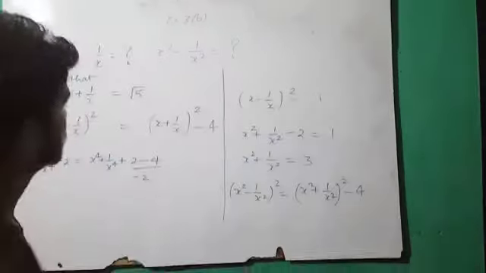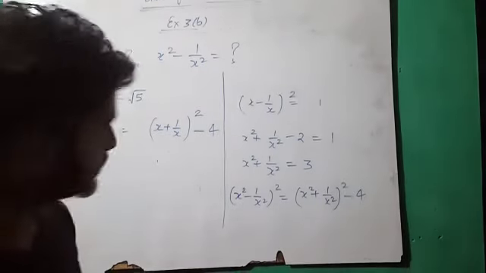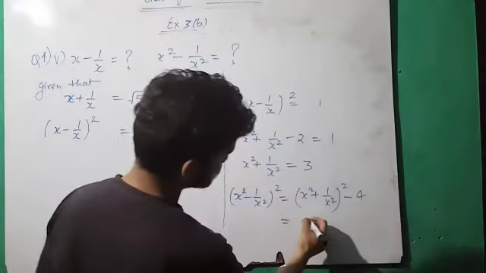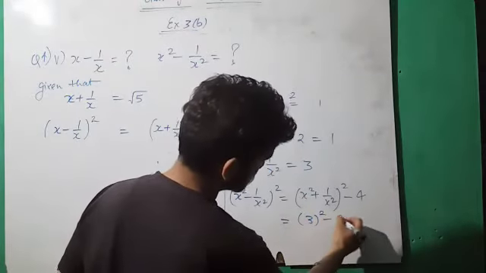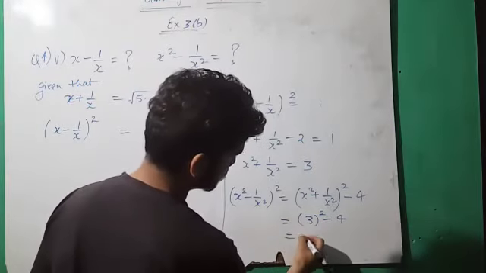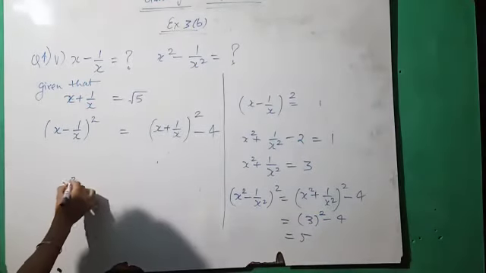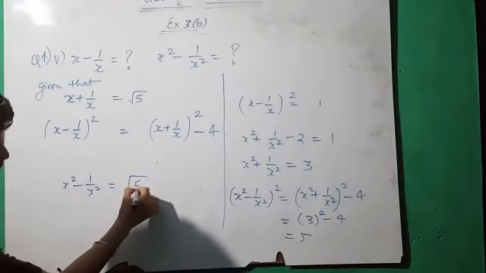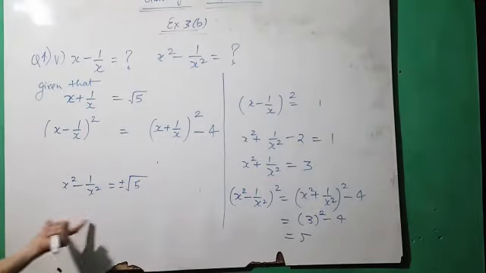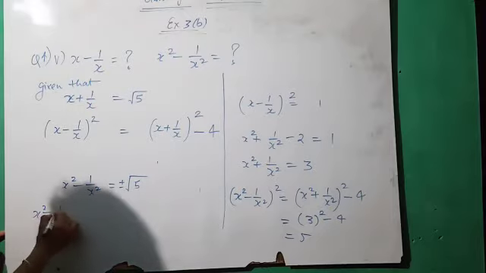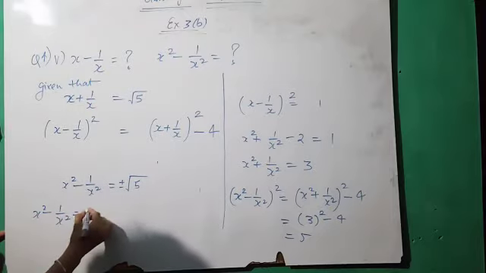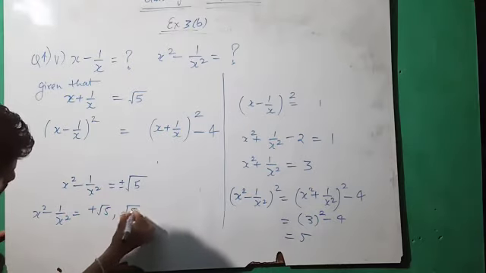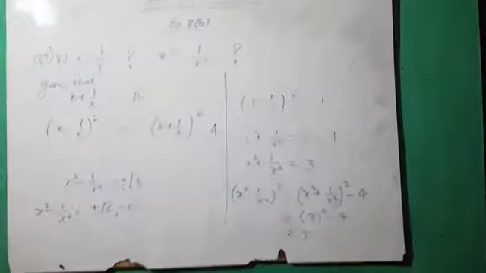So similarly we can do here: x square plus 1 by x square is equal to 3. So 3 square minus 4, that is 9 minus 4, 5. So x square minus 1 by x square equal to under root of 5, that is plus minus. So we have again two values of this: x square minus 1 by x square equal to plus root 5, and the second one is minus root 5.